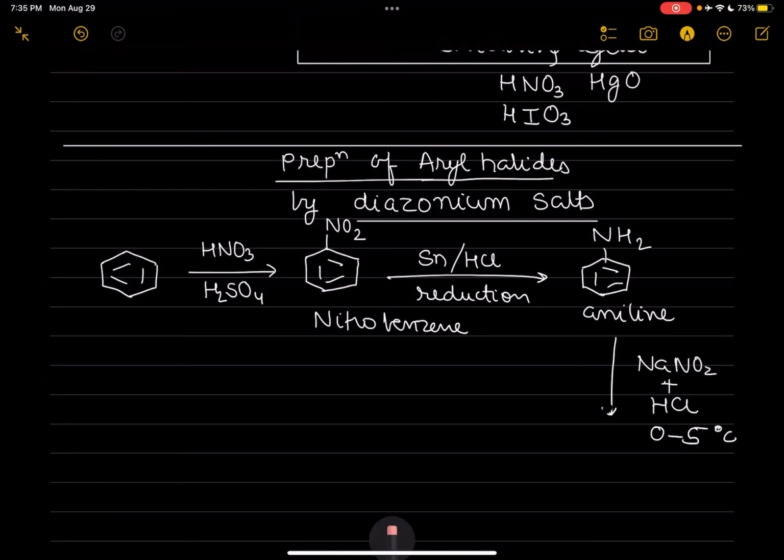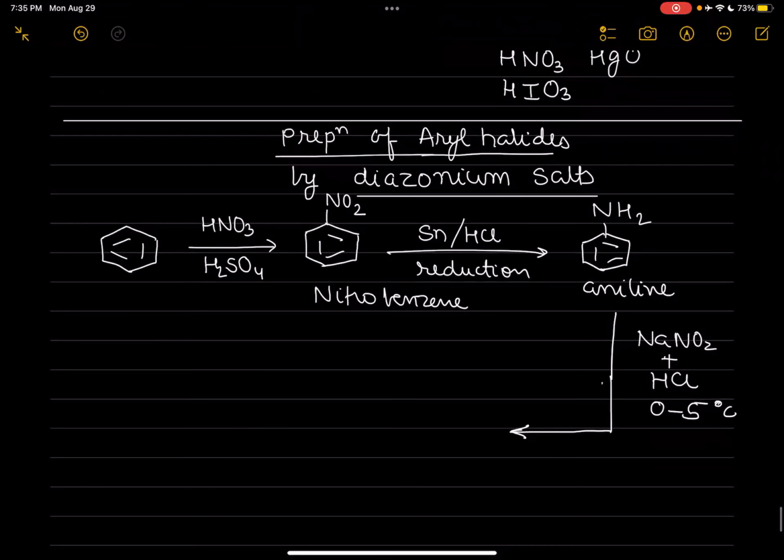Actually, for the preparation via diazonium, you require a diazonium compound. But diazonium compounds are not compounds which are directly present in the lab. You need to prepare them from benzene. You need to prepare nitrobenzene, then do the reduction to get aniline. Aniline, you again need to react with NaNO2 plus HCl, and you have this diazonium compound.